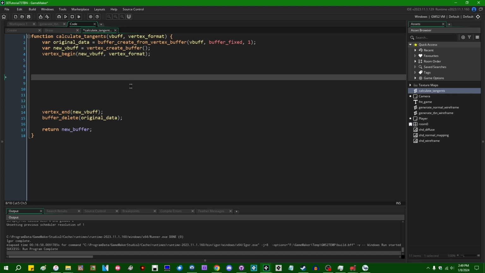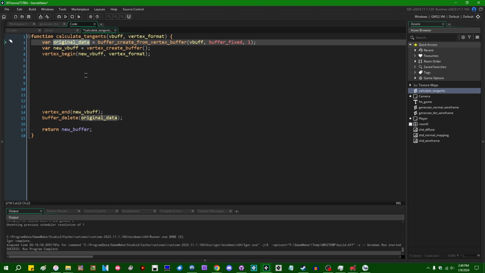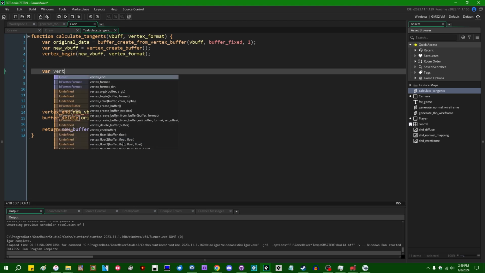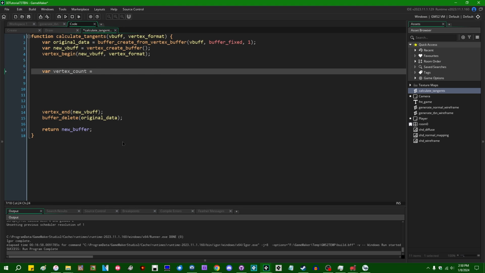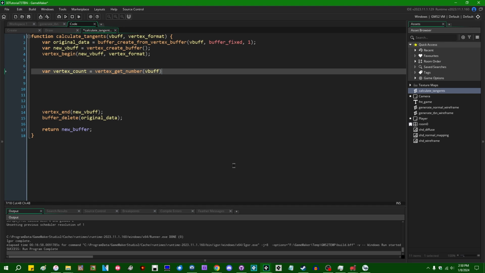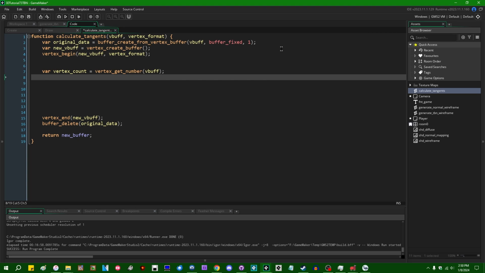Let's see. It would help to know the number of vertices inside this original vertex buffer, so I'll say vertex count equals vertex get number. The vertex get number function will return the number of vertices in a vertex buffer. Probably the easiest way to get that value.